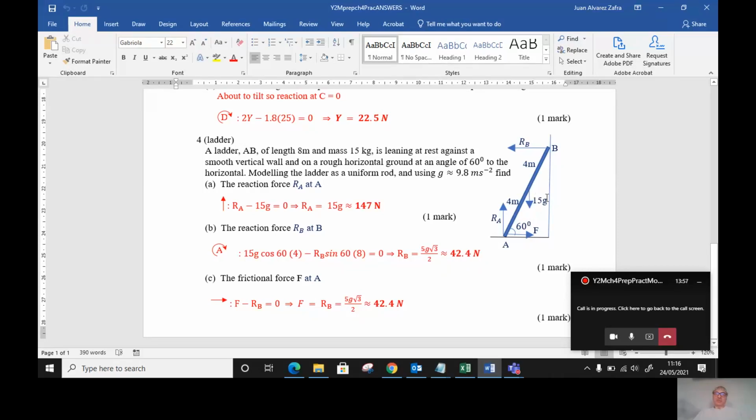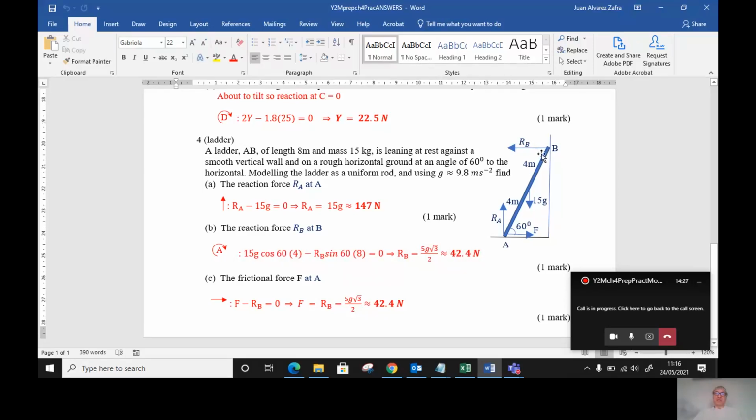So the perpendicular force will be 15g cos 60, and then the distance will be the perpendicular 4. Or if you want to, you can resolve this 4 meters and get the perpendicular distance of the 15g force. But either way, the turning effect of the 15g force about A is 15g cos 60 times 4.